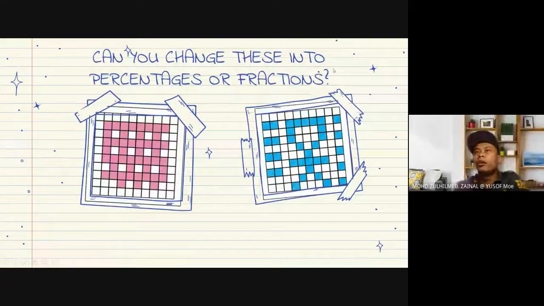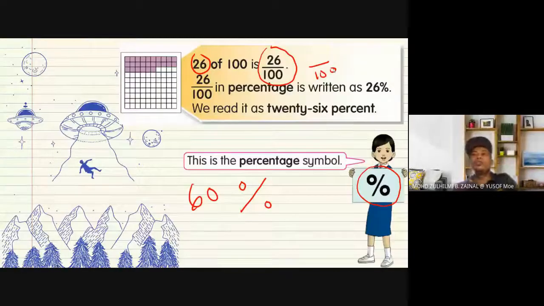The over 100 is actually the symbol of 100 too. So it's similar. Over 100 is actually the percentage symbol. So in percentage it's written as 26%. 26 of hundreds we convert to 26%. We read it as 26 percent.